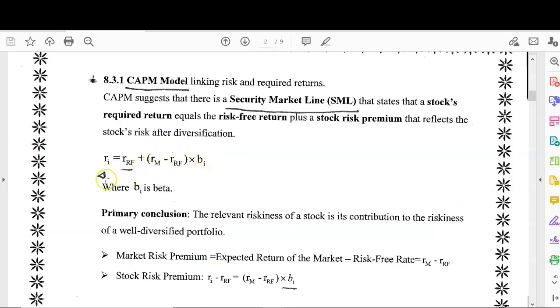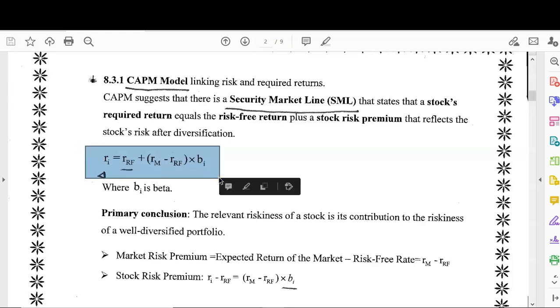So we have RI, stock return, equals risk-free rate plus market risk premium, which is market return minus risk-free rate, multiplied by beta. Okay, so here we have CAPM model, capital asset pricing model, to evaluate stock return if we already know risk-free rate, market return, and beta. Okay, we can use this model to calculate stock return.